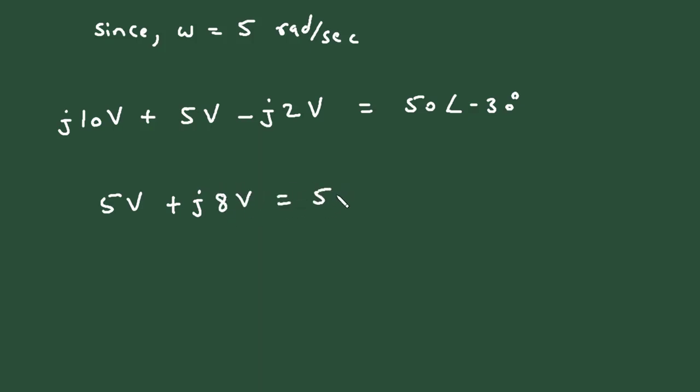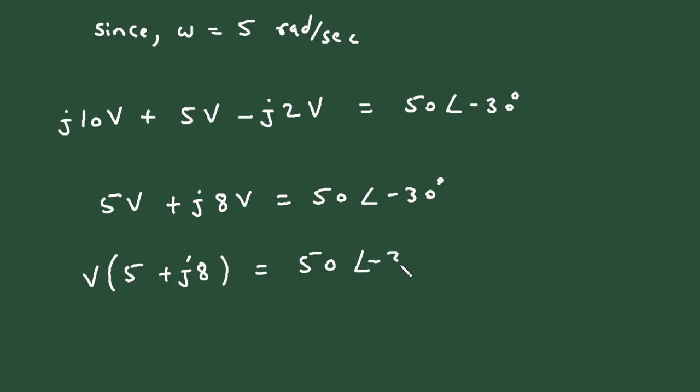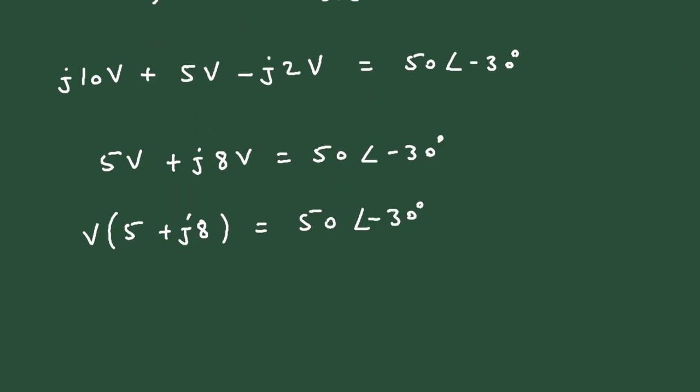It is equal to 50 at an angle minus 30 degree. 5v, and this will be j 8v. So here also we can see that we can take this v common. So v in bracket 5 plus j 8, it is equal to 50 at an angle minus 30 degree.